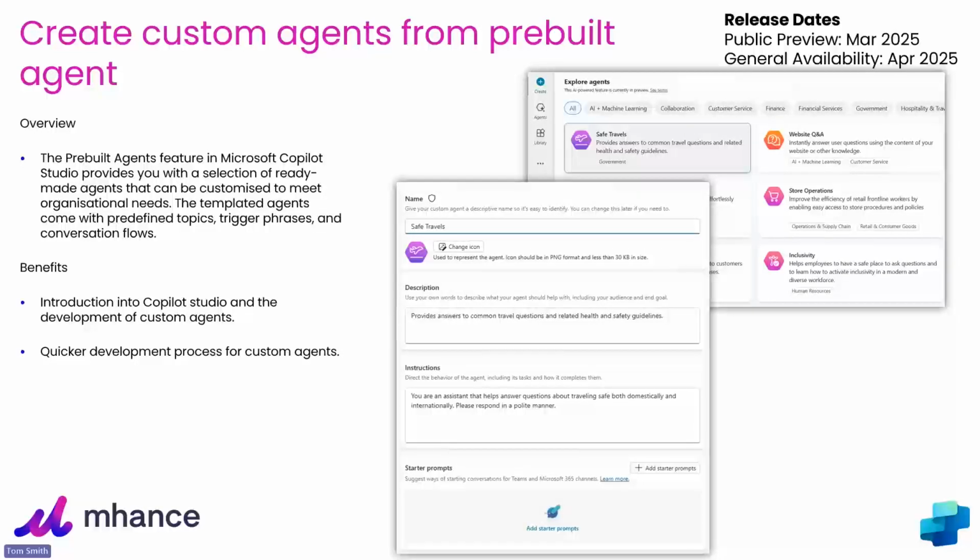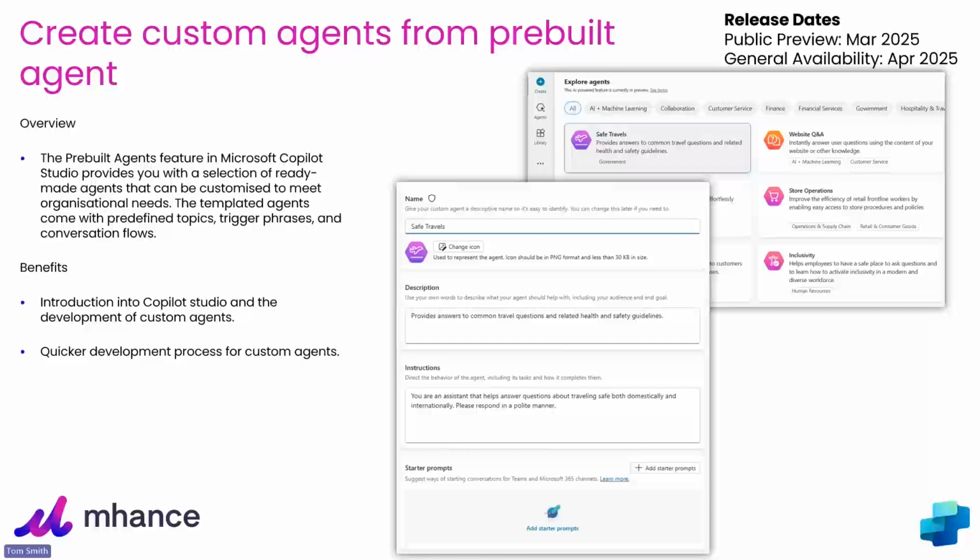What we're getting here is we're getting set up templates. So in the screenshots we've got a Safe Travel agent, or you've got website Q&A, you've got case management, and the idea here is you can click on that template and use that to create a custom agent.